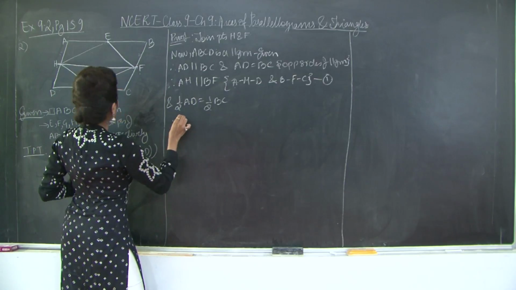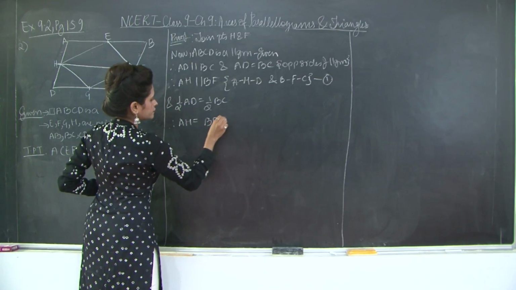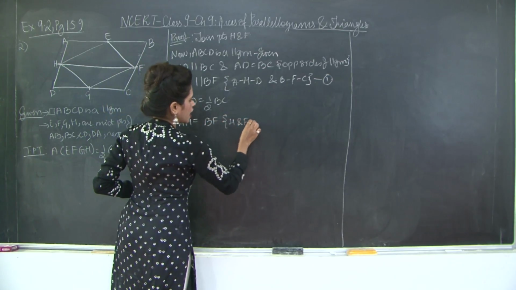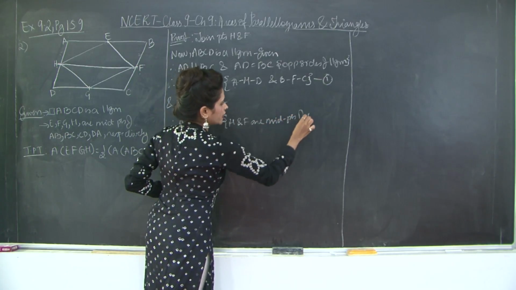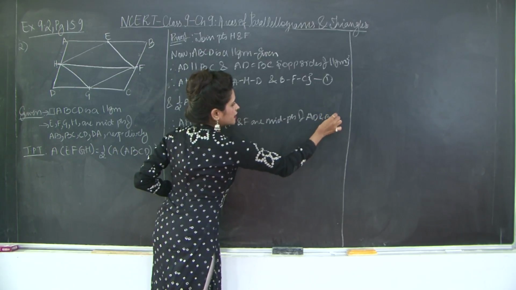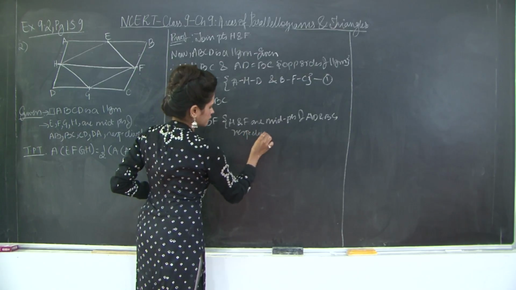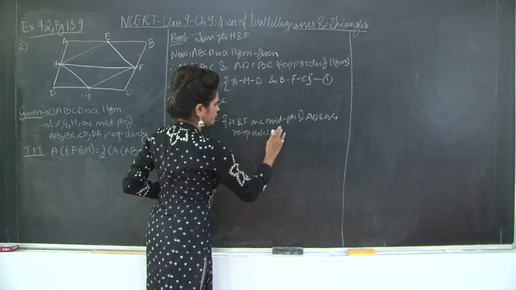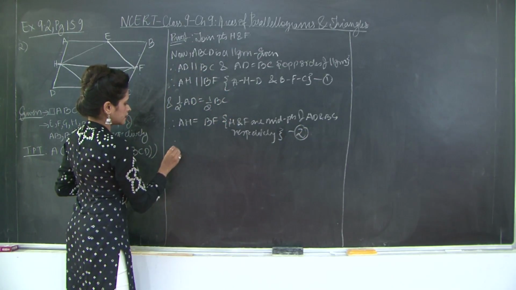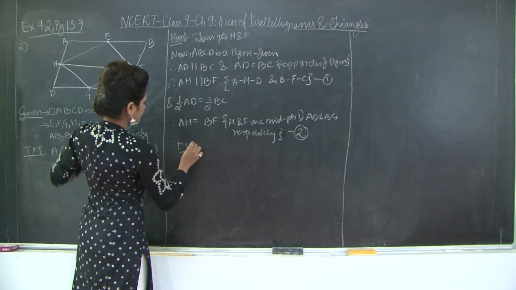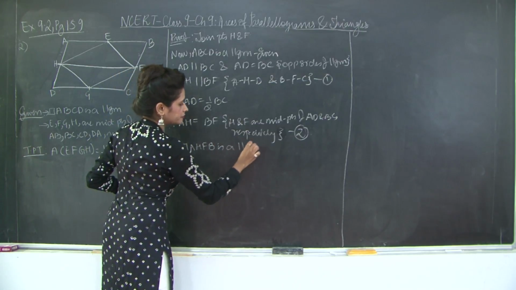Therefore, what do I get? AH is equal to BF. Why? Because H and F are midpoints of AD and BC respectively. I'll mark this as 2. So from 1 and 2, what do you get? Therefore, quadrilateral AHFB is a parallelogram.